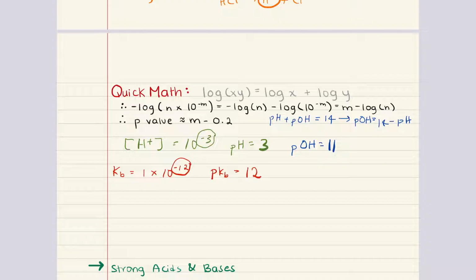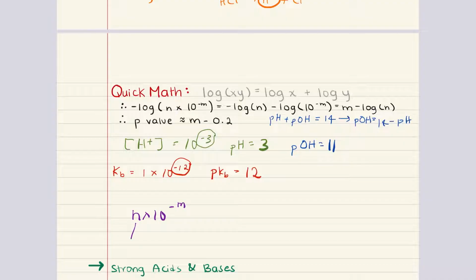Now, more difficulty arises when the value is not an exact power of 10. Here, we can obtain a relatively close approximation of a p-scale value using a shortcut. This is the shortcut. You want to take your non-logarithmic value and write it in proper scientific notation. It needs to be in the form of n times 10 to the minus m.